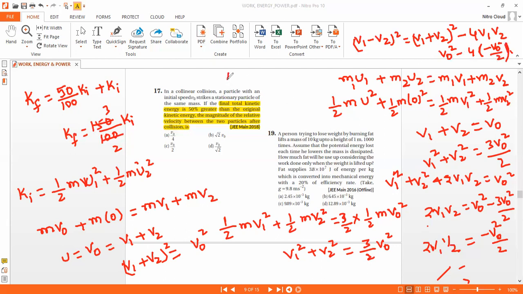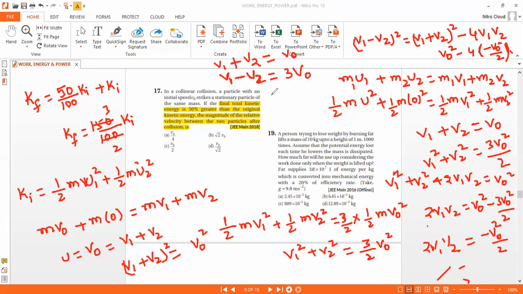So v1 minus v2 is equal to 3 v naught, and v1 plus v2 is equal to v naught.